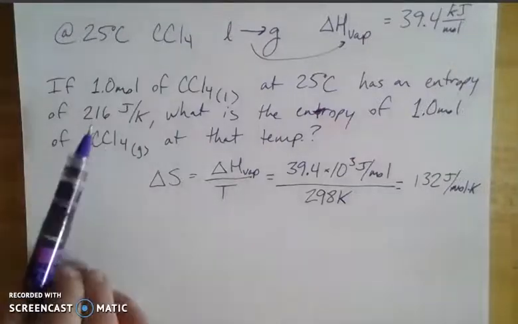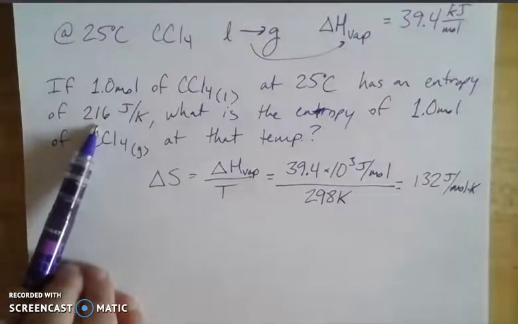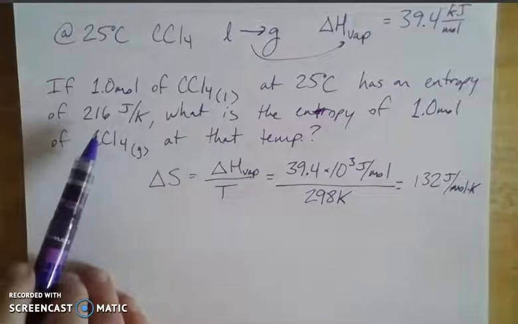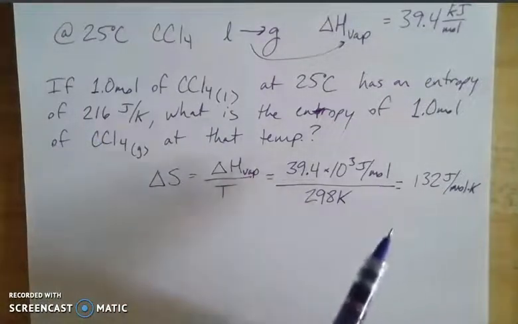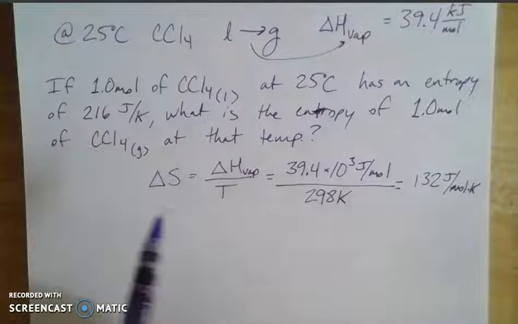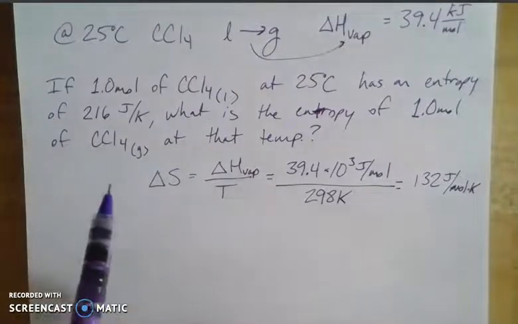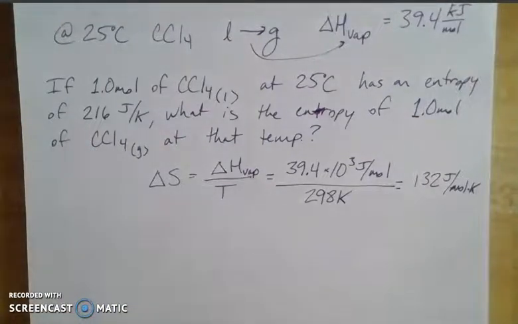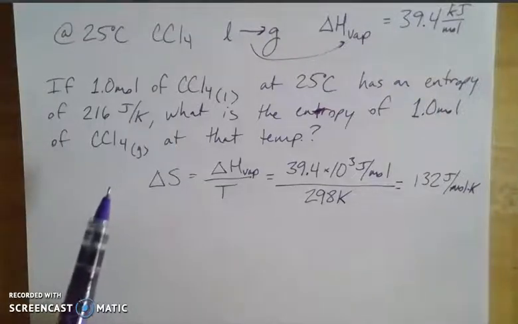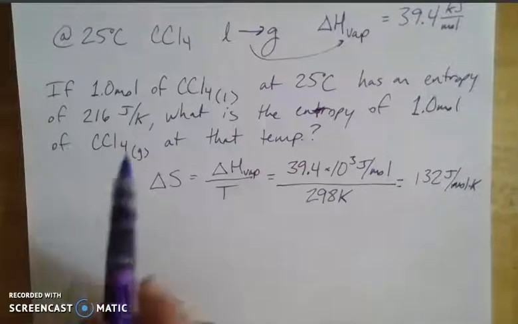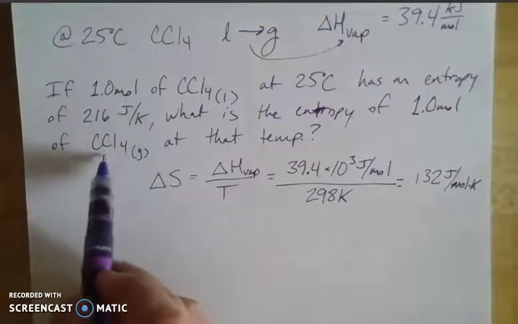Because the entropy of the liquid is 216 joules per Kelvin. And we would expect the value of the entropy of the gas phase to be greater, right? It's a greater amount of disorder. There's a greater amount of dispersion of the energy in the gas phase than the liquid phase. So we're expecting this number to be larger.